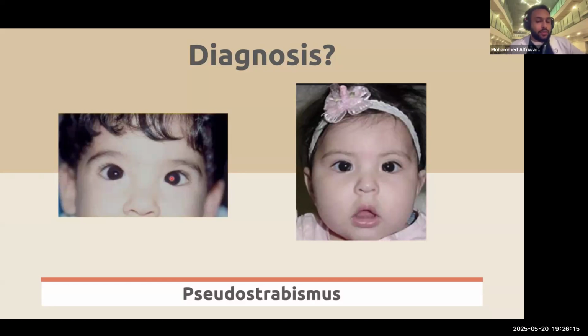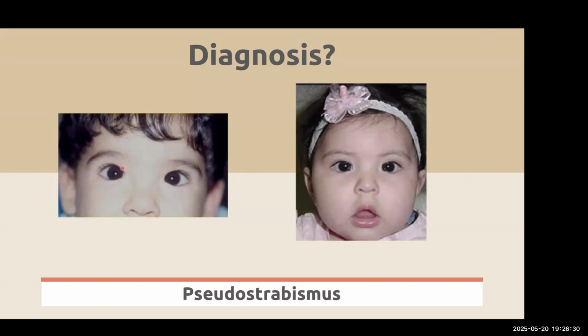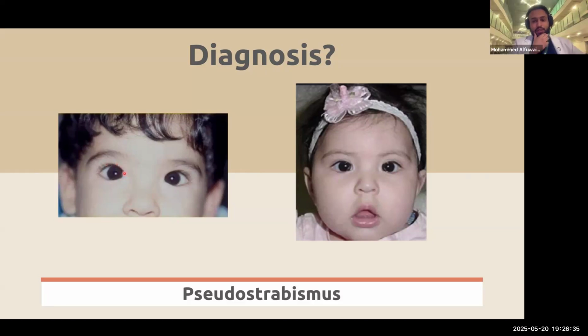Now, what's high yield for you to remember is there are 3 important causes of pseudostrabismus. Number 1 is this thing over here. What do we call this? Epicanthal folds. Excellent. I want you to remember this is a normal finding. However, patients with this finding plus a flat nasal bridge could be signs of Down syndrome, just for you to remember.